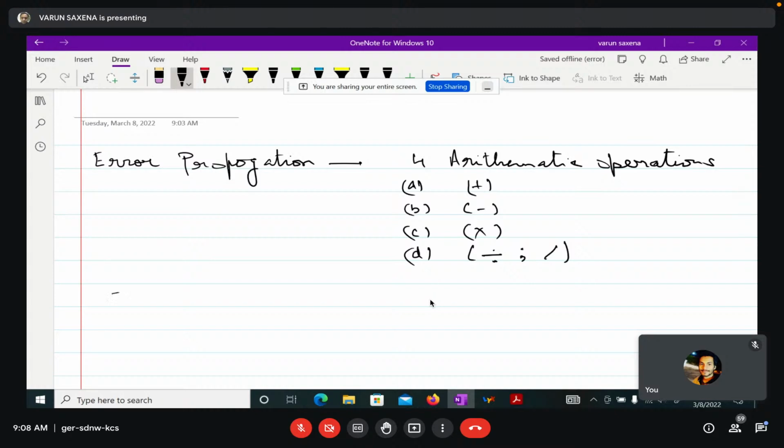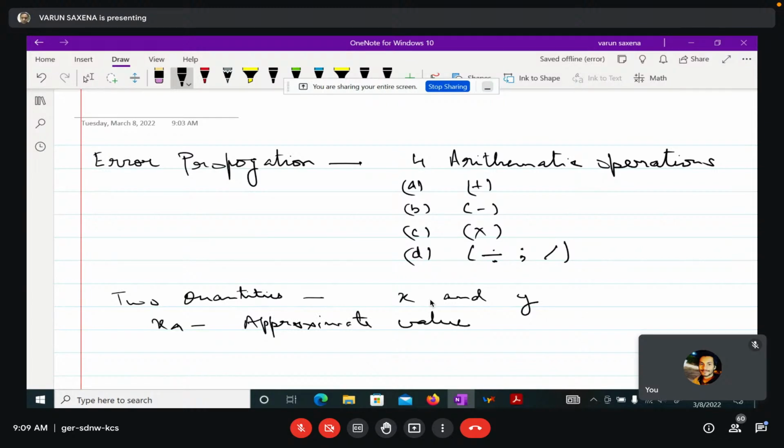Suppose we have two quantities. Let the quantities be x and y. Let xa be the approximate value. Two quantities, you could consider this as the true value.